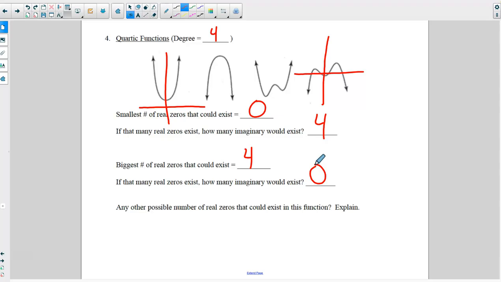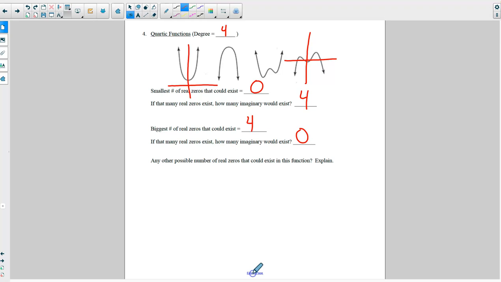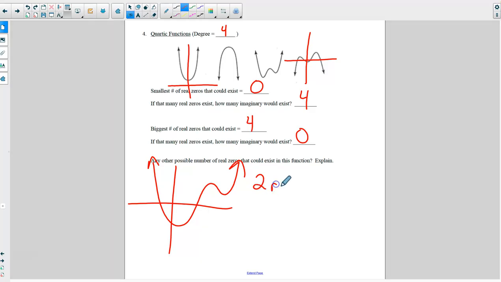What happens if I had something like this? I'll draw the graph down here. What if I have this? What would that be? 2 and 2. So I could have 2 real and 2 imaginary. That would be my other option. Okay?